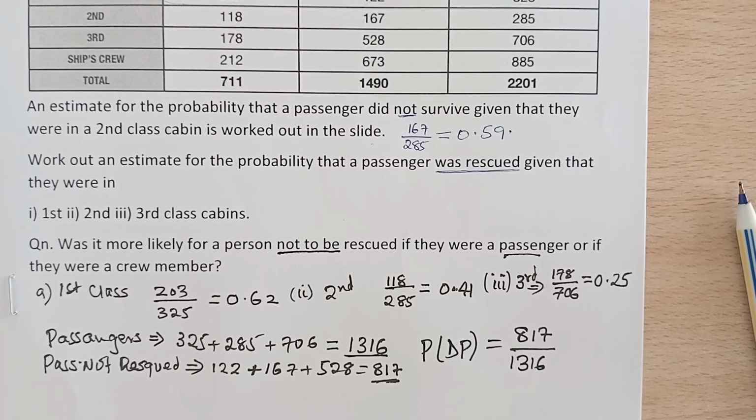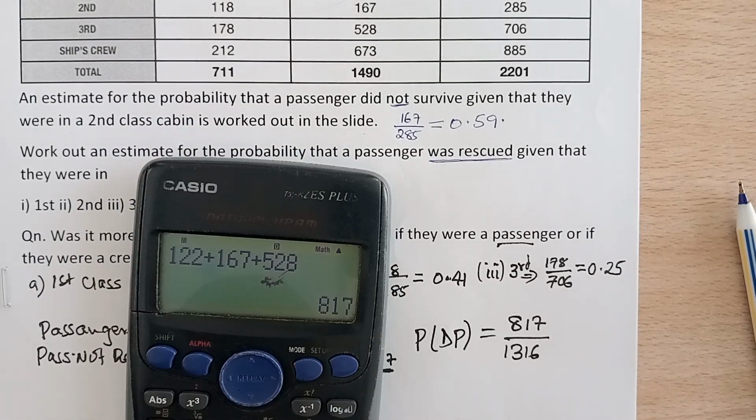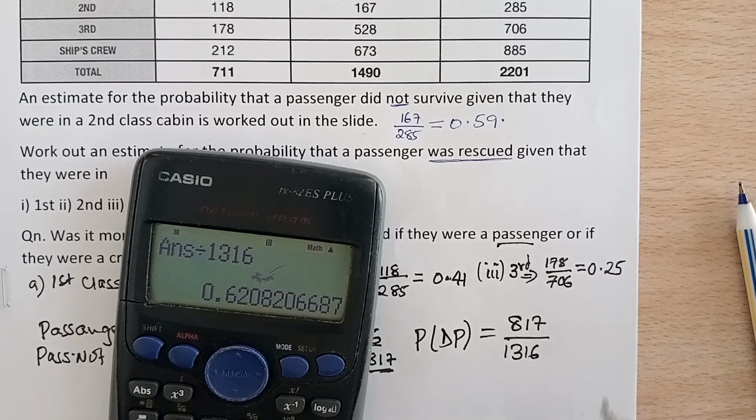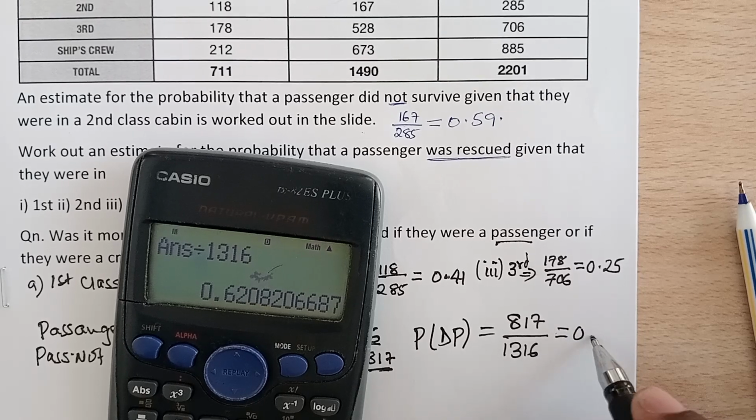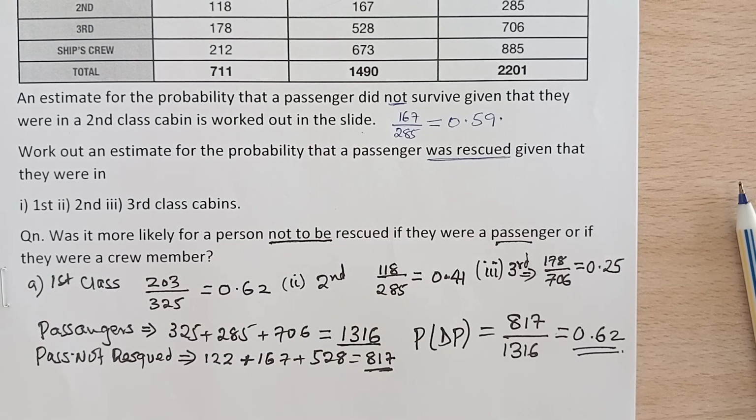Dividing 817 by 1,316 gives 0.62, the probability of a passenger not being rescued.